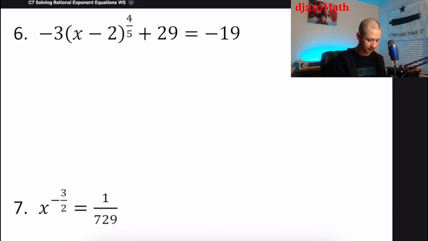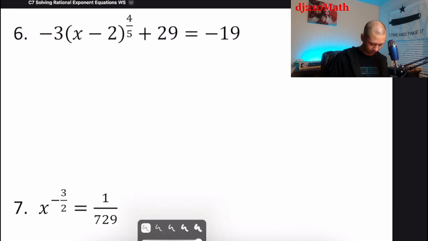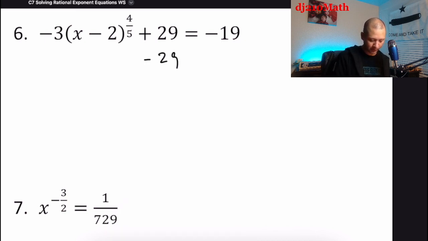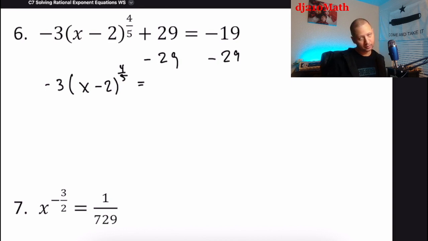All right, number 6. So first step, subtract 29. I'm going to get negative 3 X minus 2 to the 4/5 is equal to 39 plus 9, 48. Negative 48.